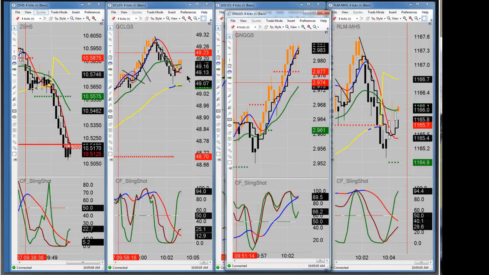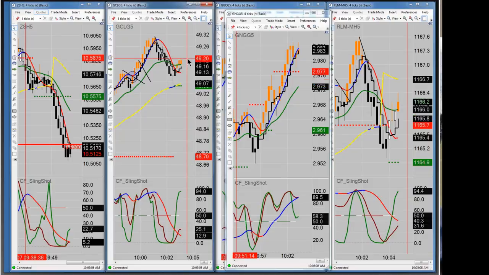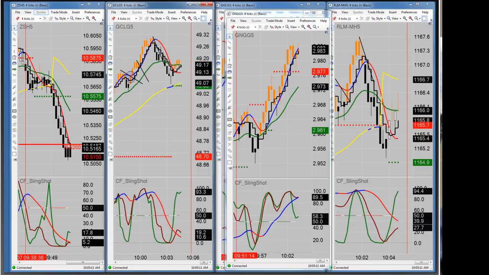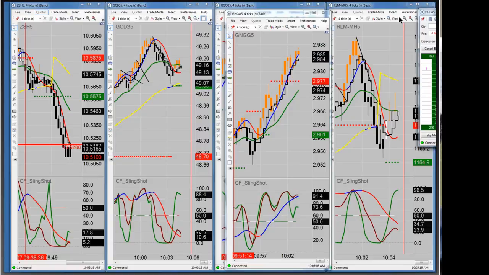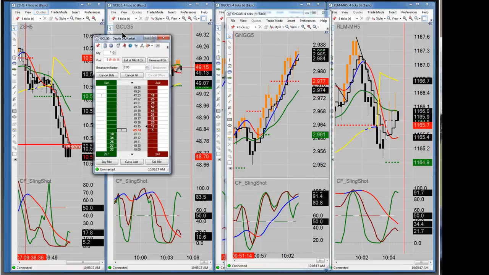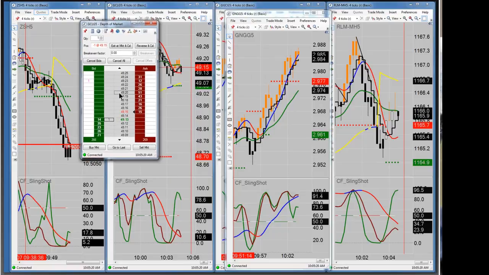Okay, we need a down close over here on the crude. It's got a high of 49.20. It'll have a low of 49.16. Okay, short the crude. I'm in at 49.15. Short crude at 49.15. And I'm short the Russell at 65.9.